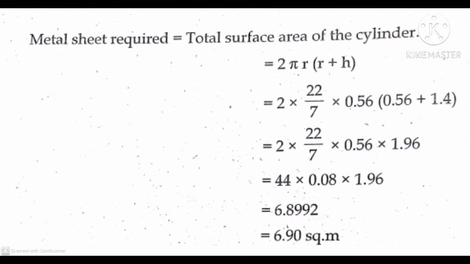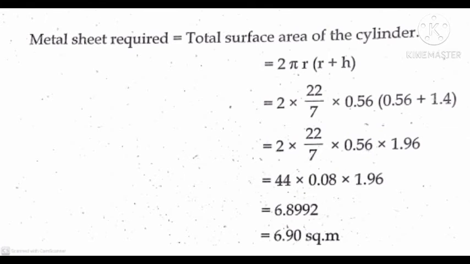Next step, 2 into 22 by 7 into 0.56 into add bracket numbers 0.56 plus 1.4, 1.96. That implies 2 into 22, 44, into here 0.56 is divisible by 7, we get 0.08 into 1.96.